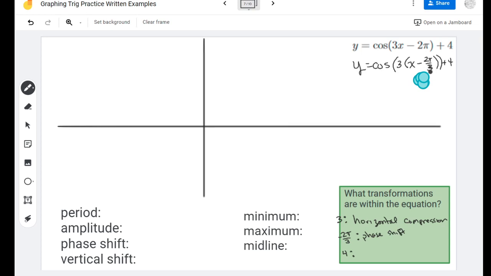It's a -2 pi over 3, so you feel like it should go to the left, but it's actually going to go to the right. And then that +4 is addition outside the grouping symbol, so that's a vertical change. And the fact that it's addition makes it a translation or a shift. I know how to spell translation. And it's going to go up because it's positive.